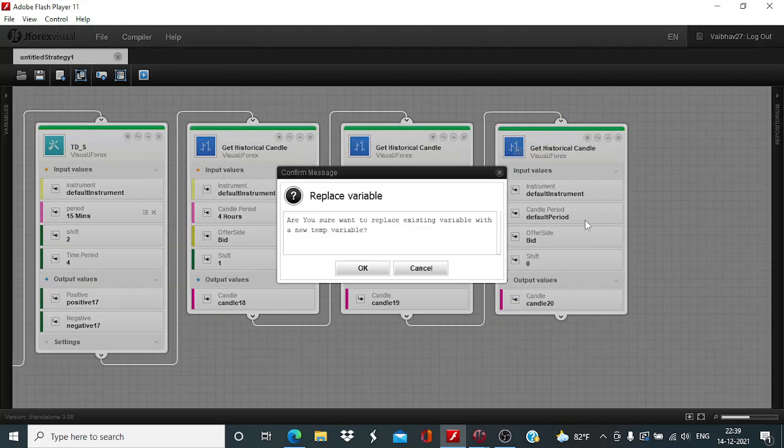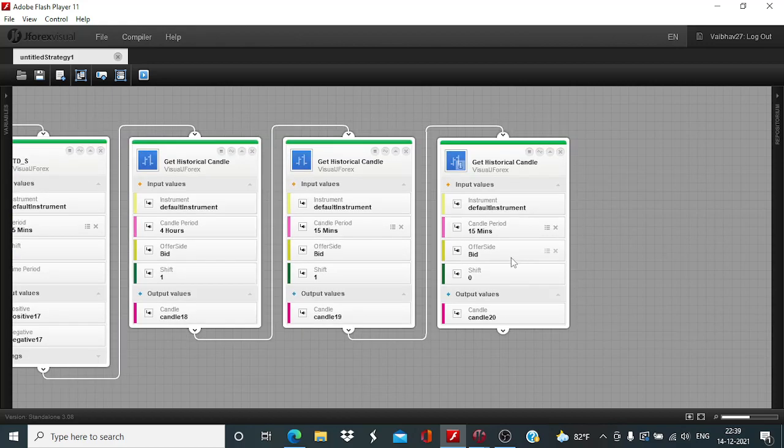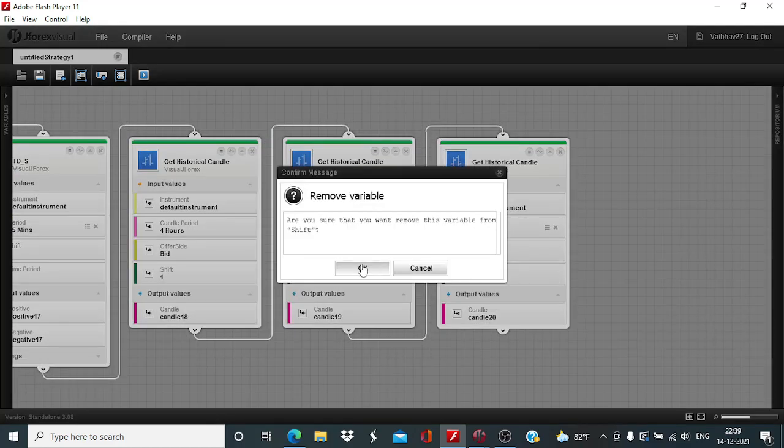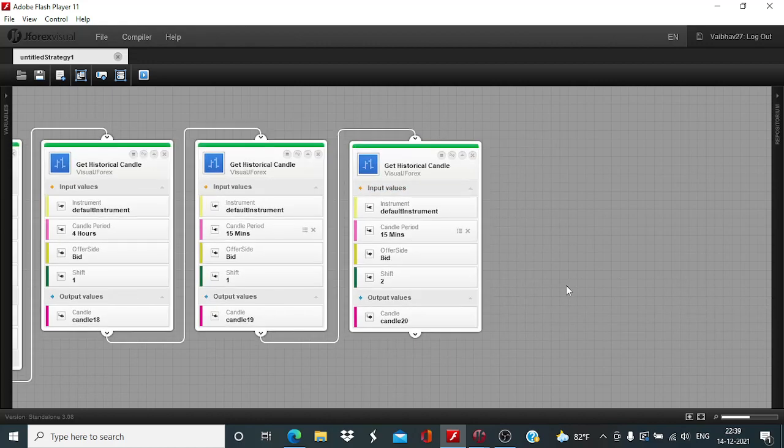Here also same change needs to be carried out. Shift value is going to be 2.